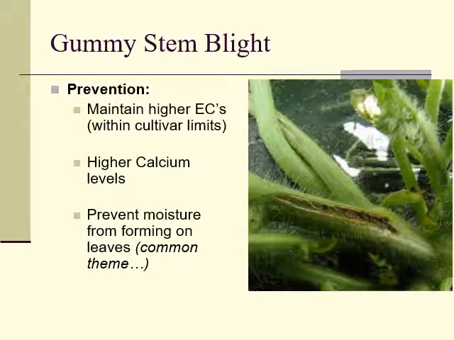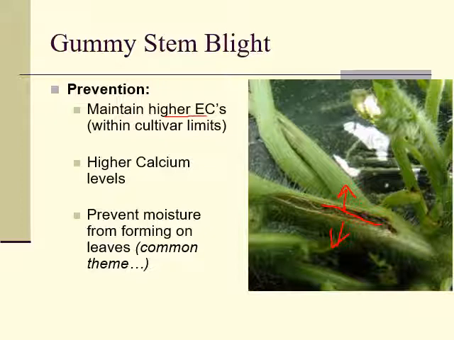So, how do you prevent it? Maintain higher ECs if possible, so we don't have too much root pressure causing splits, right? So if you're looking at the stem here and there's root pressure, it causes the stem to split, and that opens up a lesion, which then allows the spores to get in and establish themselves.